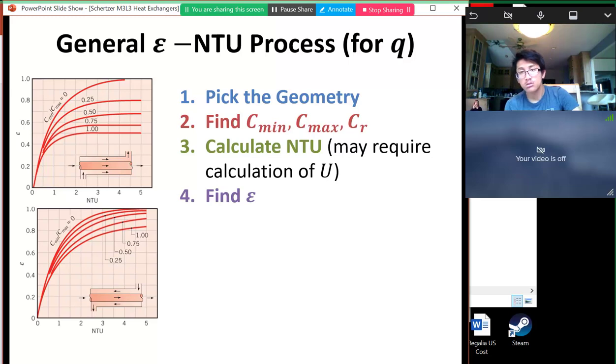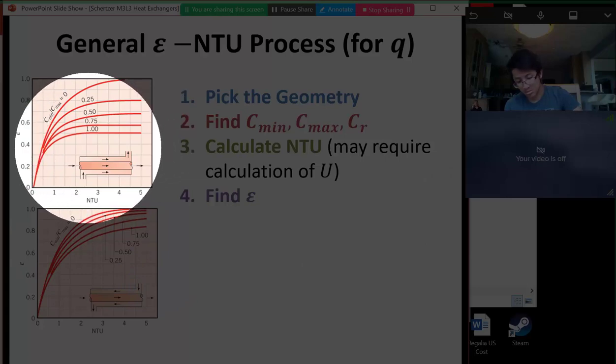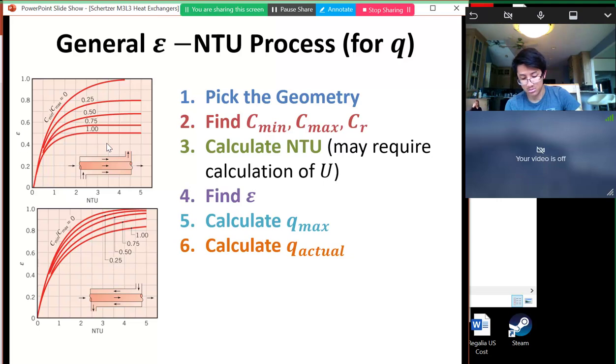We'll find effectiveness using this relationship, using a chart like this or maybe a correlation between effectiveness and NTU. And then when I know effectiveness, if I can find Q max, because remember effectiveness is Q actual divided by Q max, then if I know my effectiveness and I know my Q max, I can find Q actual.